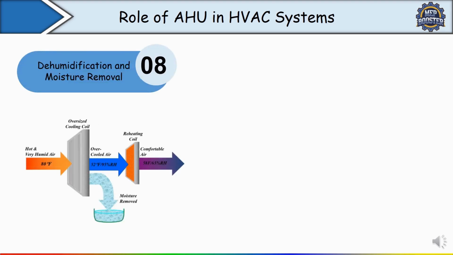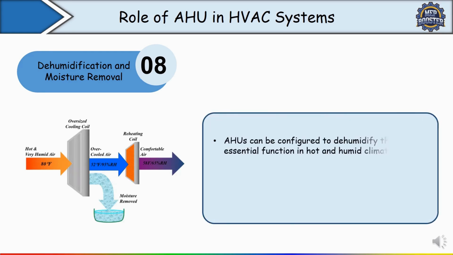Now the next role of AHU is humidification and moisture removal, or air removal you can say. AHU can be configured to dehumidify the air, an essential function in hot and humid climates.